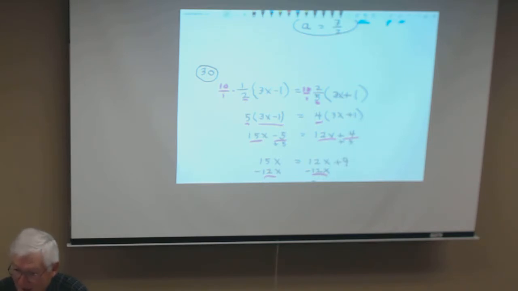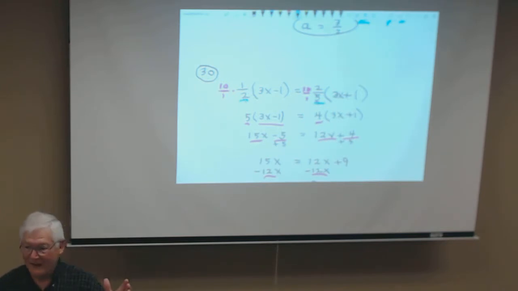So the first thing I want to get rid of are those fractions. I'm sorry, fractions. You are my friends, but you complicate things. And I have 1/2 and 2/5.